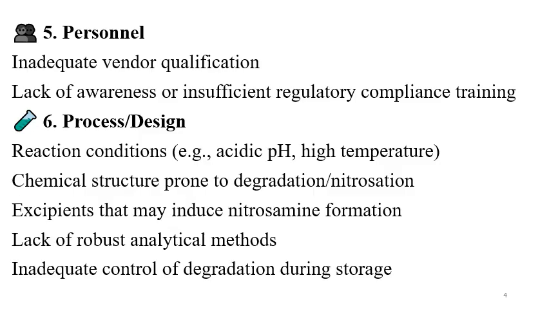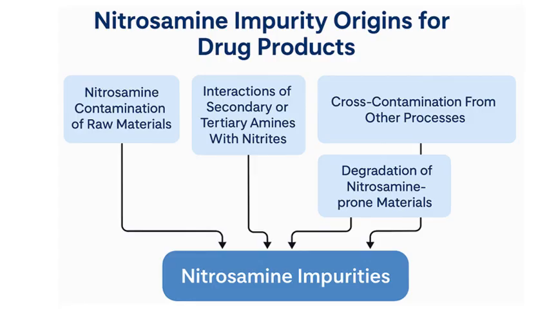Excipients that may induce nitrosamine formation, lack of robust analytical methods, then inadequate control of degradation during the storage. That may be the reason. Sometimes nitrosamine may get formed because of the degradation. NDSRI impurities may also get formed.